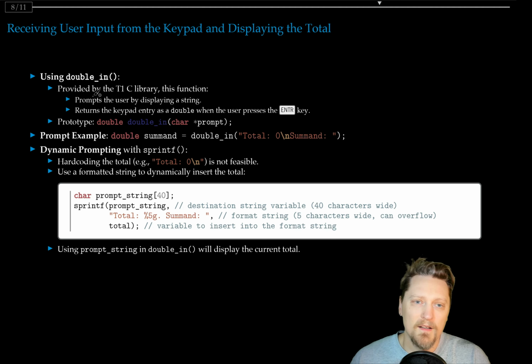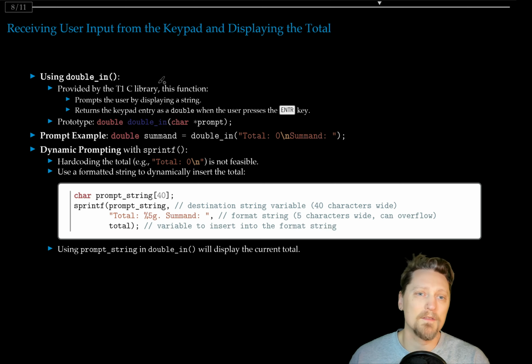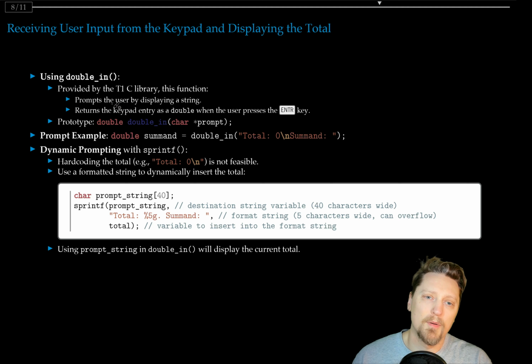It's provided by the T1C library as a binary, so we can call it, but we won't be able to see the source code until we write that source code ourselves. So this function prompts the user by displaying a string and then returns the keypad entry as a double, a floating point number, when the user presses the enter key.